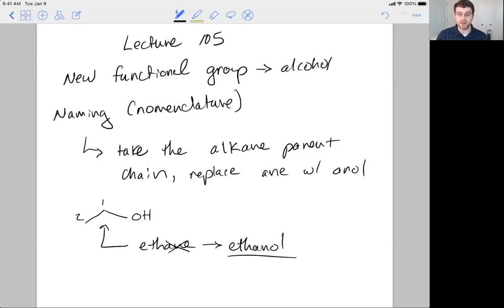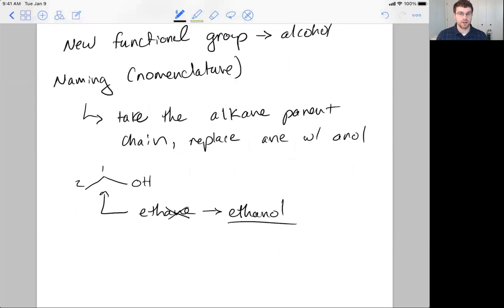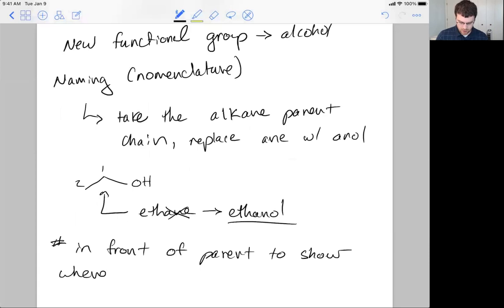Okay, and we should also include a number in front of the parent to show where the OH group is.